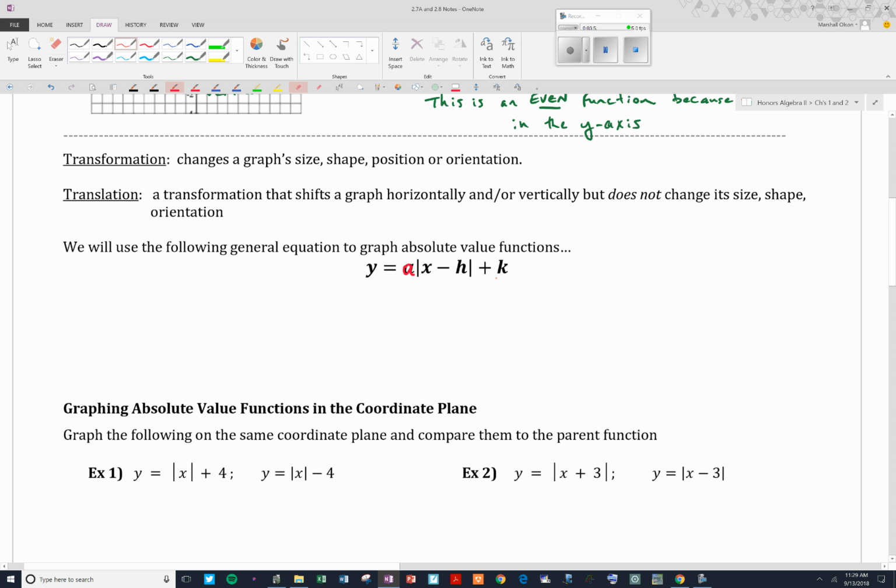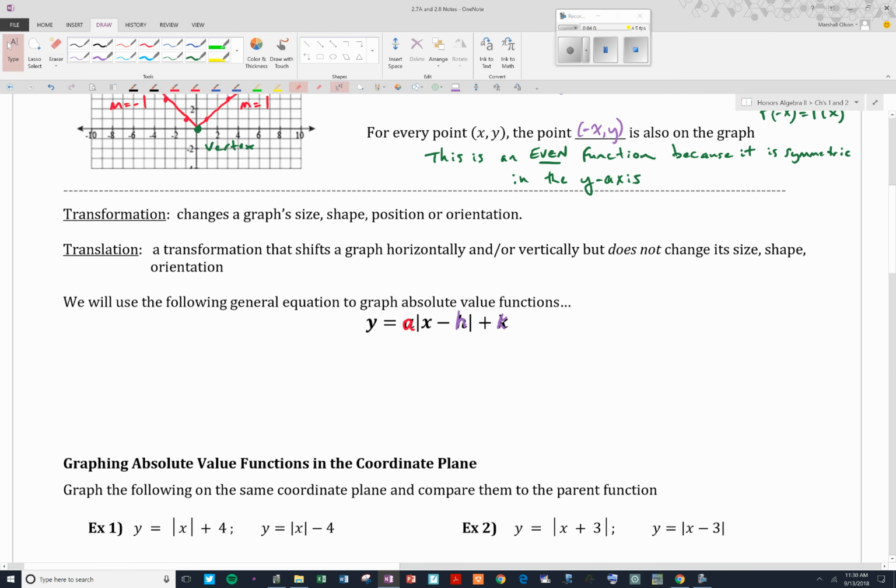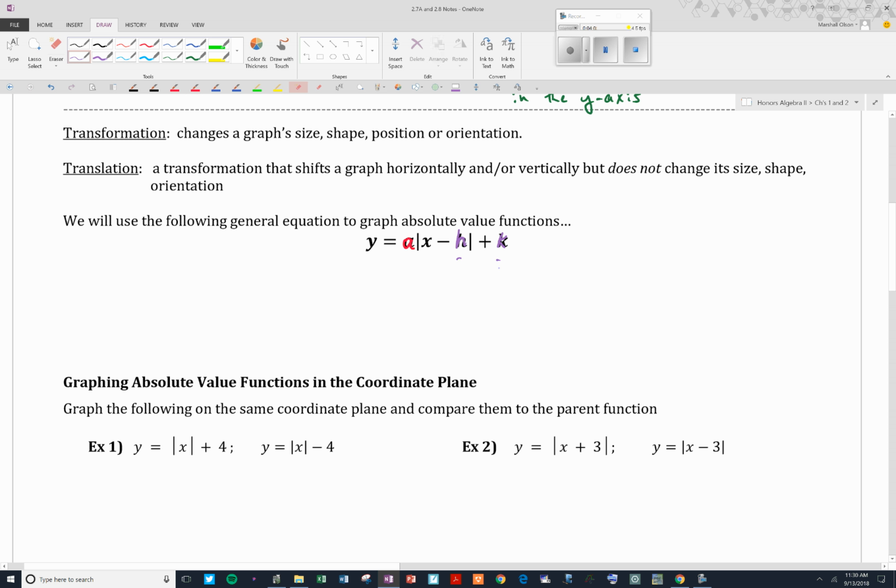Let's talk about the h and k values first. The h and k values represent what's called the vertex. We talked about the vertex up here, but the nice thing about this form is that it gives us the vertex right here. So the vertex is (h, k). Whatever (h, k) is, that is our vertex.